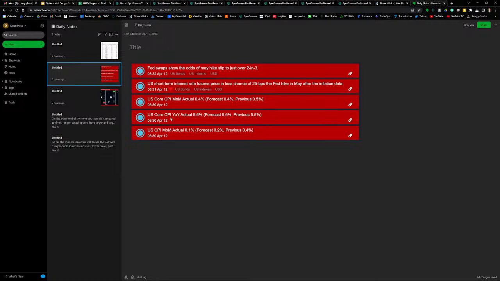Core CPI year over year in line, as well as the core CPI month over month also in line. So that's the data for this morning. And then remember again, the FOMC minutes come out at 2 p.m. and we'll be watching the ES futures at that time.